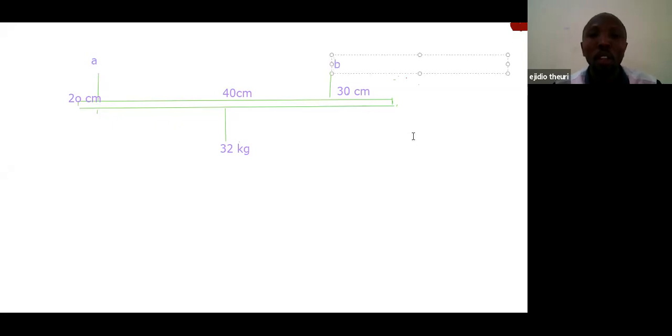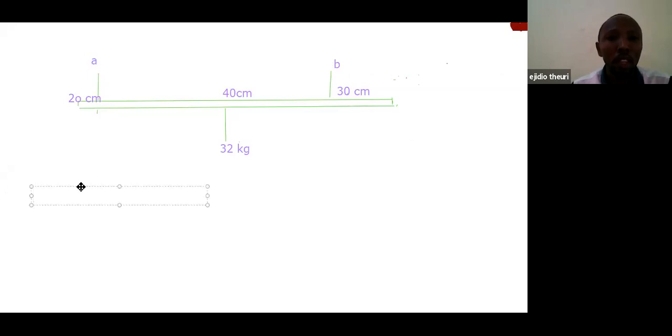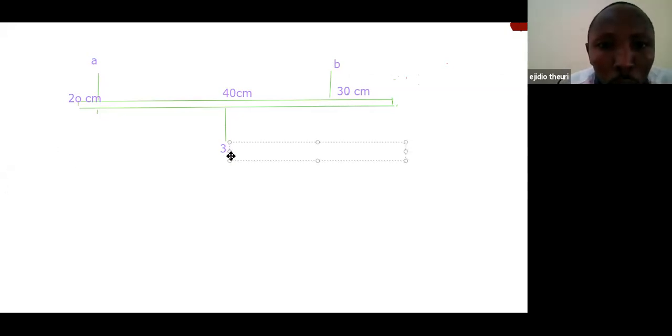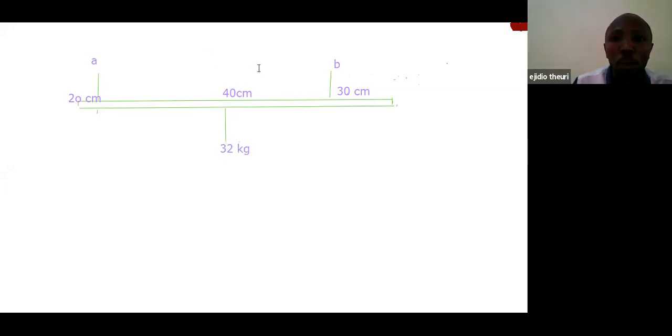The first thing, you start by stating that A plus B should give you 3.2 kgs. This was not 32, it is 3.2 kgs.